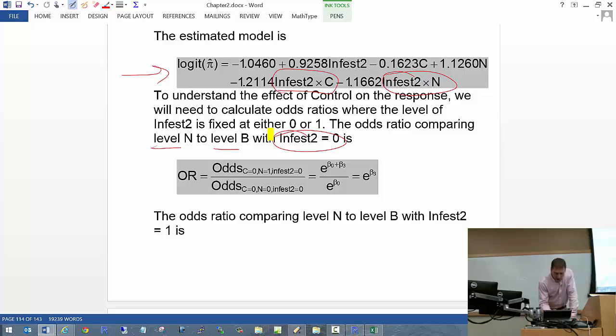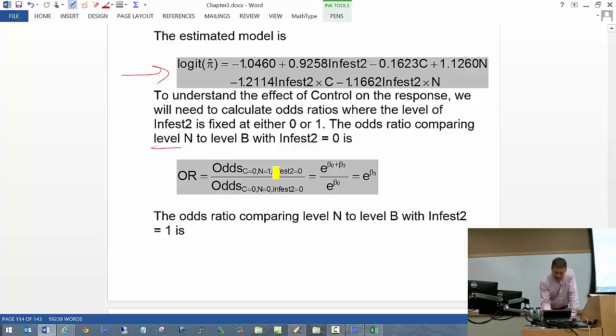So here's my odds of a success, you could say. I'm going to specify C equals 0 both times. So what that means is then this infest2 variable is going to be 0. Now since I'm comparing level, the N level, I'm sorry, I did that poorly. Let me restate that. Let's just start it all again.